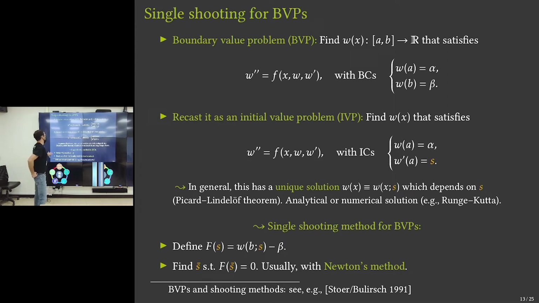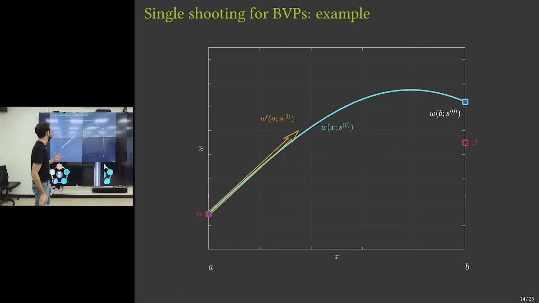So this is the version that is not yet applied to the Stiefel manifold. I want to show you how some iterations of this method look for a given problem. As I said, we have an interval AB.